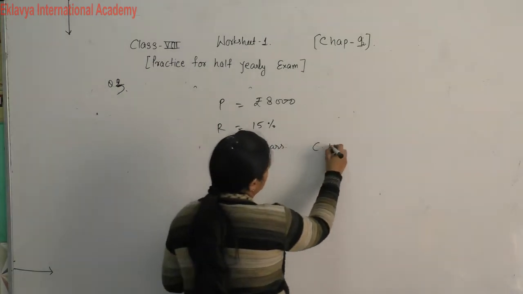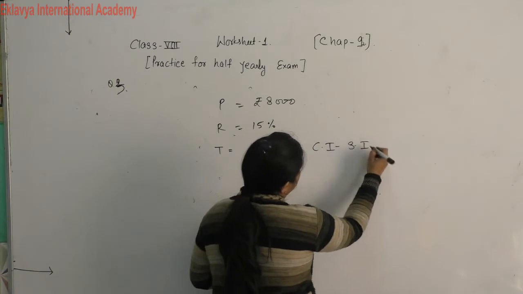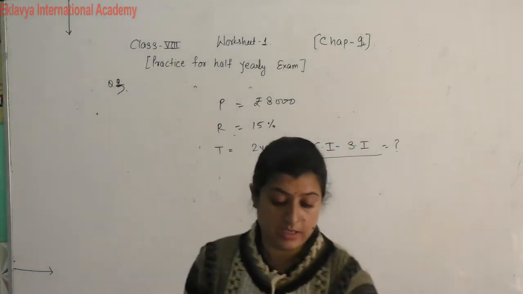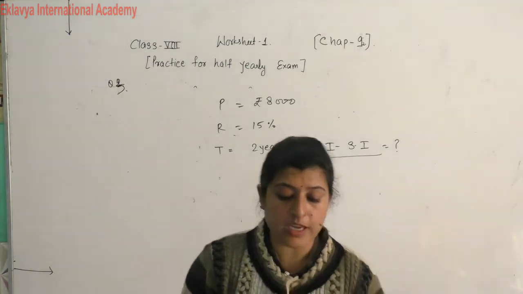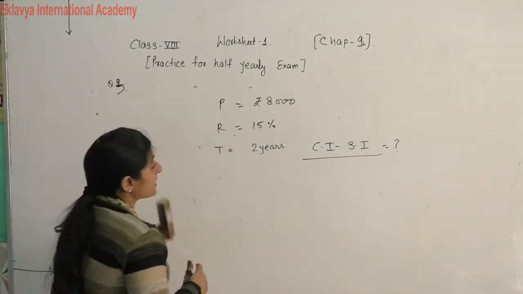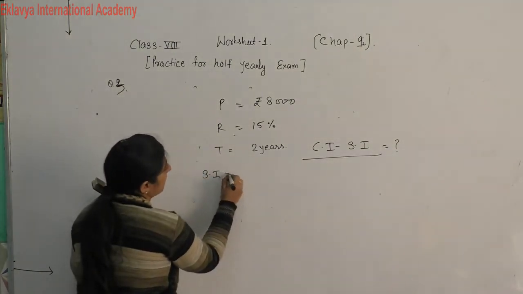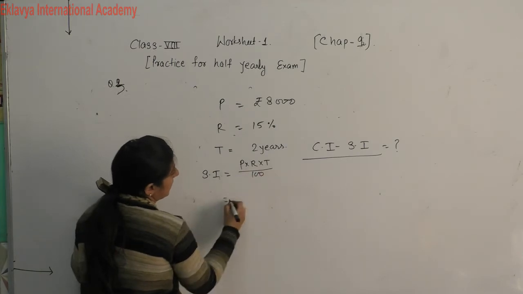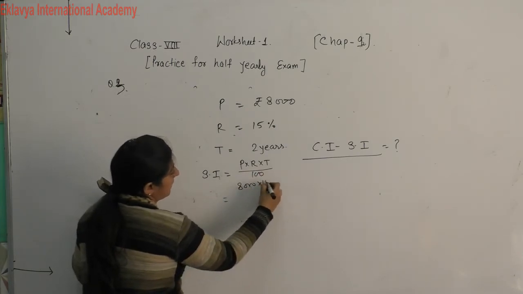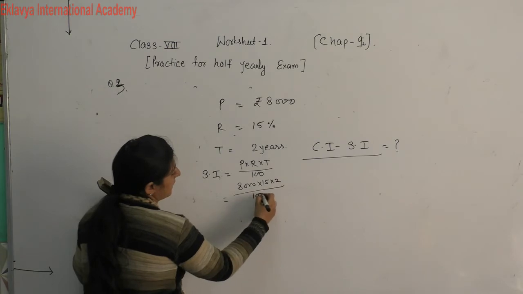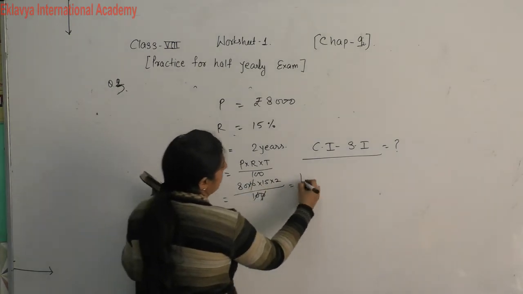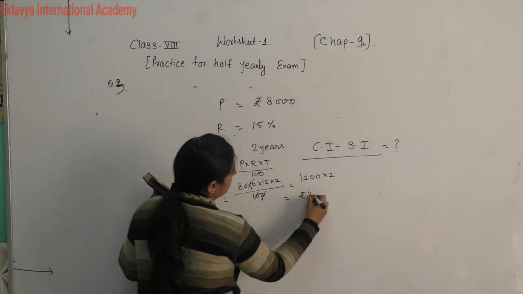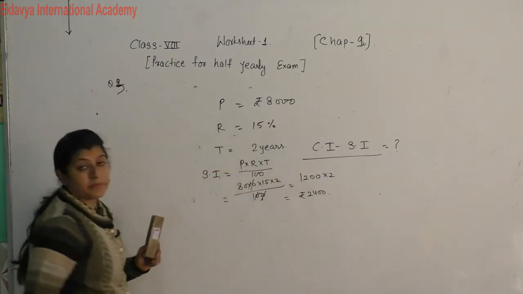We have to find the difference between compound interest and simple interest. So on this data, firstly we have to calculate compound interest and simple interest. In the simple interest formula, P multiplied by R multiplied by T divided by 100. 8,000 multiplied by 15 into 2 divided by 100. 15 eights are 120 multiplied by 2, it becomes rupees 2,400.